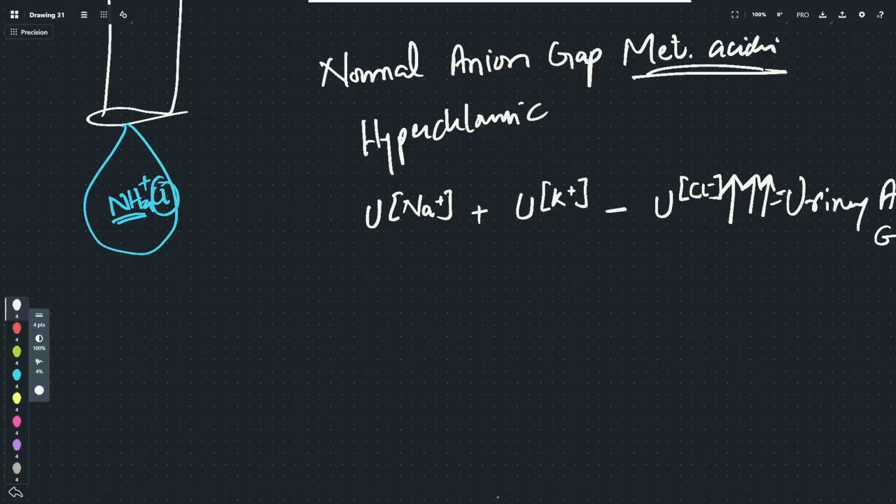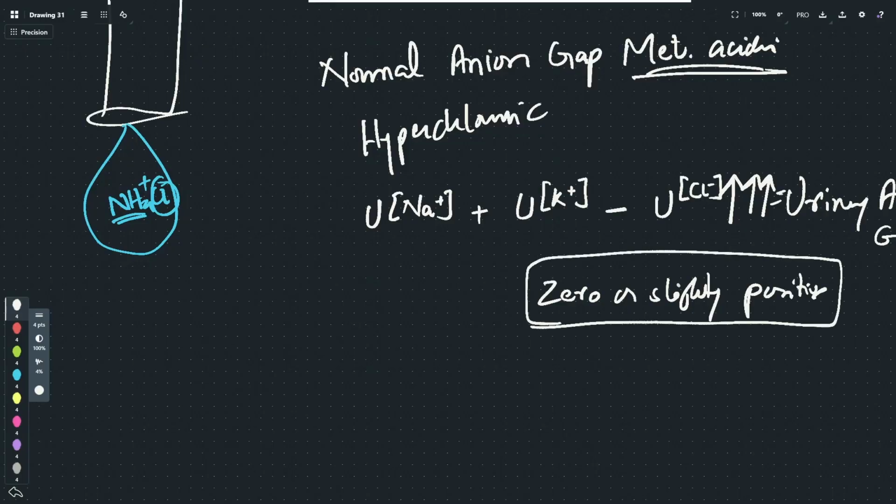But if there is acidosis and even then the kidneys are not secreting lots of chloride, then this value will remain near 0 or slightly positive. What it means is that the kidneys are not working efficiently to get rid of protons. The kidneys are not excreting the acid properly. Normally it is 0 to slightly positive, right? But if there is metabolic acidosis, it should not remain normal. It should become negative. I hope you understand this point.